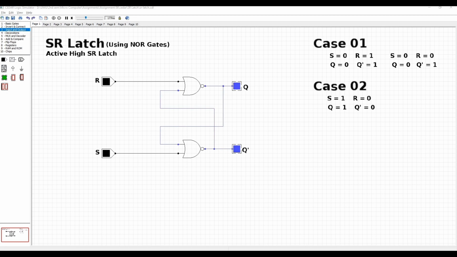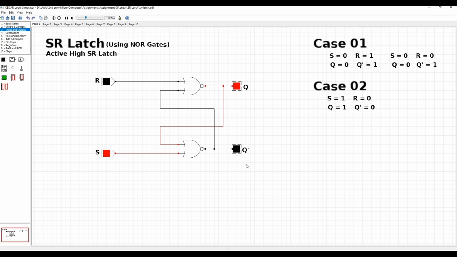Now our second case is here. In the second case, we set S as 1 and R as 0. So here the output Q is 1 and the inversion of this output is 0, the Q bar is 0.